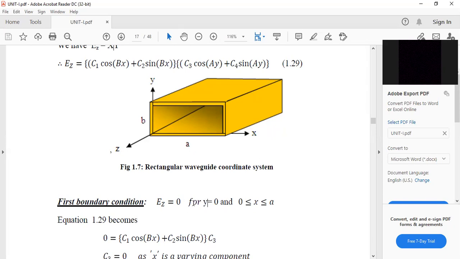With x in between 0 and a, this is enough. Now substitute this in the equation. At y equal to 0, Ez is 0, so I am putting Ez as 0 here.